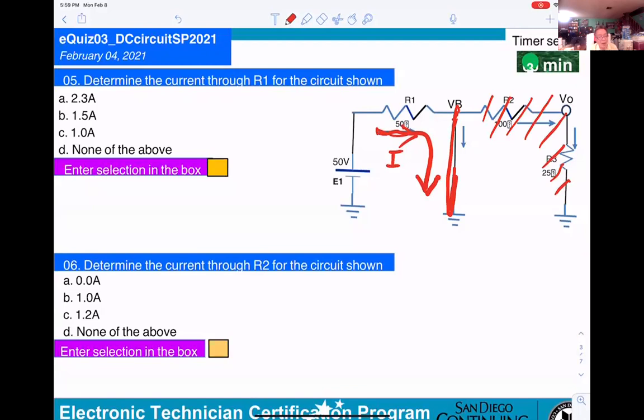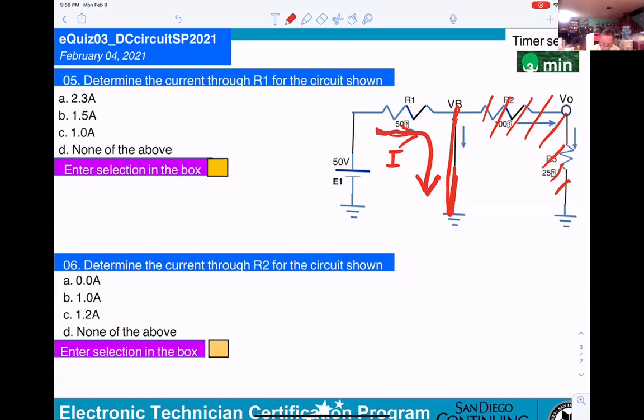Exactly the same as your house. When you get a short somewhere, everything will be turned off. The thing is the current goes to the short. The answer is C. You take 50 divided by 50, right?